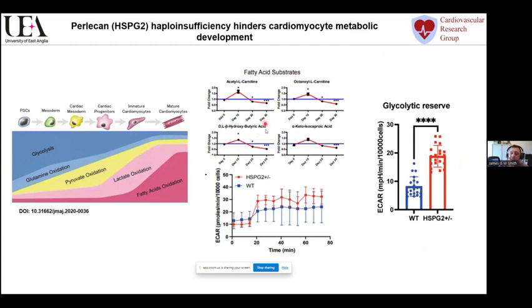And again, we saw that the day 30 cardiomyocytes had a significantly lower capacity in their ability to metabolize fatty acid substrates and a higher level of glycolytic reserve. So again, supporting the hypothesis that these Perlecan mutants were in a more immature state in terms of their metabolism.